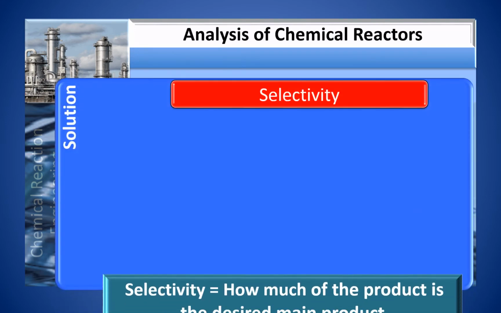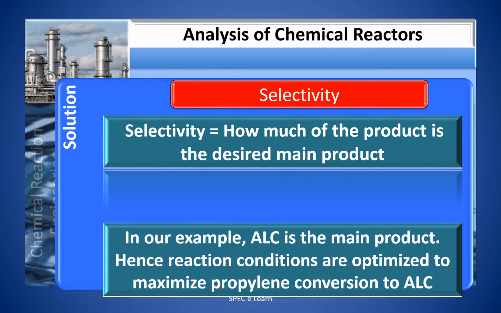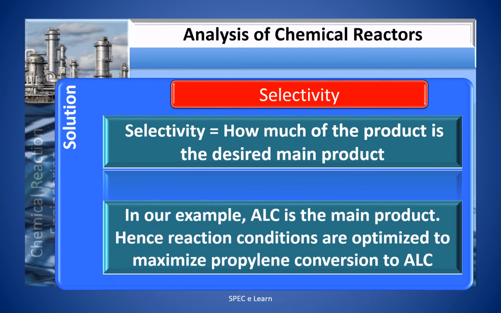Selectivity. Selectivity is how much of the product is the desired main product. In our example, allyl chloride is the main product. Hence, reaction conditions are optimized to maximize propylene conversion to allyl chloride.